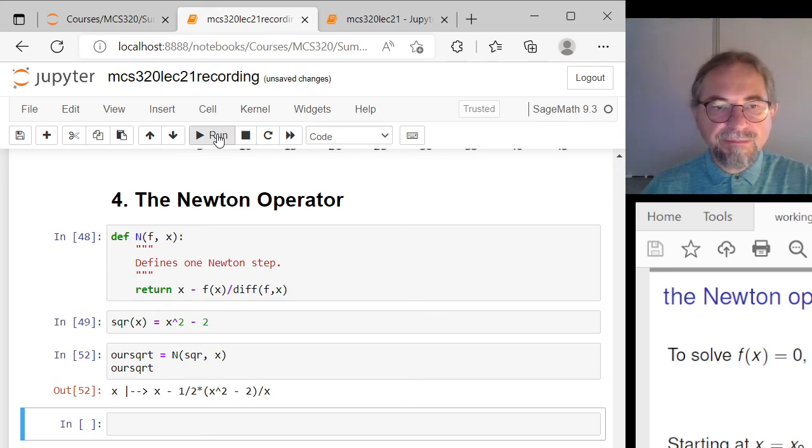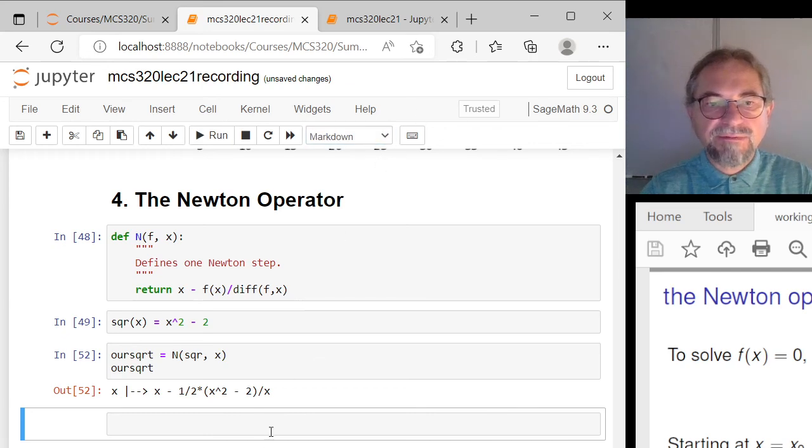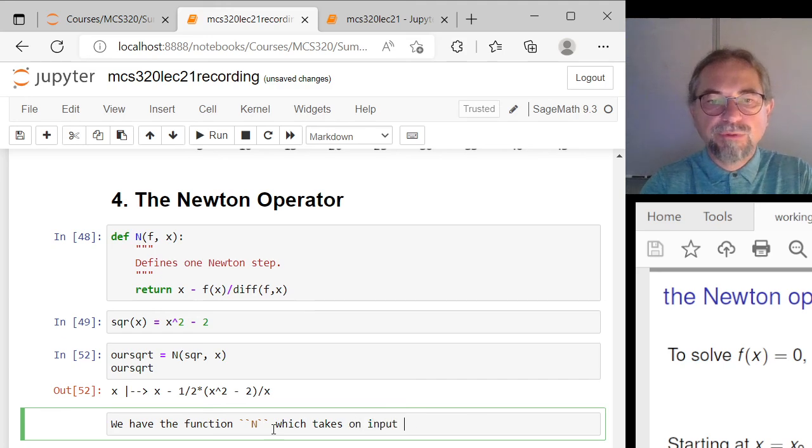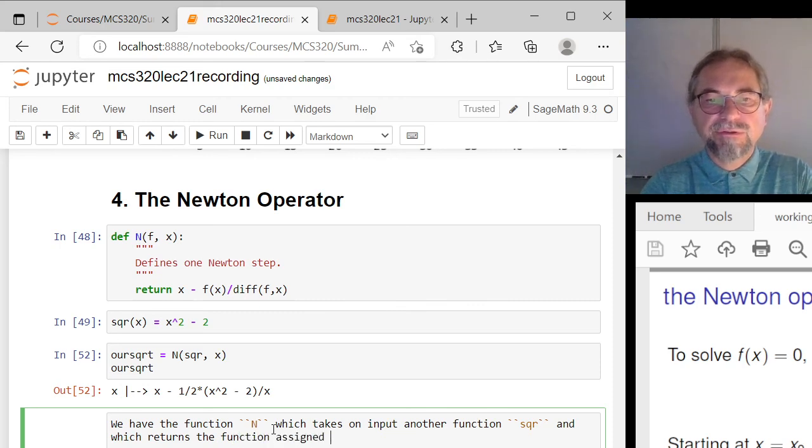So the point that I want to make, I have a function, capital N, that takes on input. So let me write that down in a markdown cell. So we have the function n, which takes on input another function, and which returns the function assigned to our SQRT.